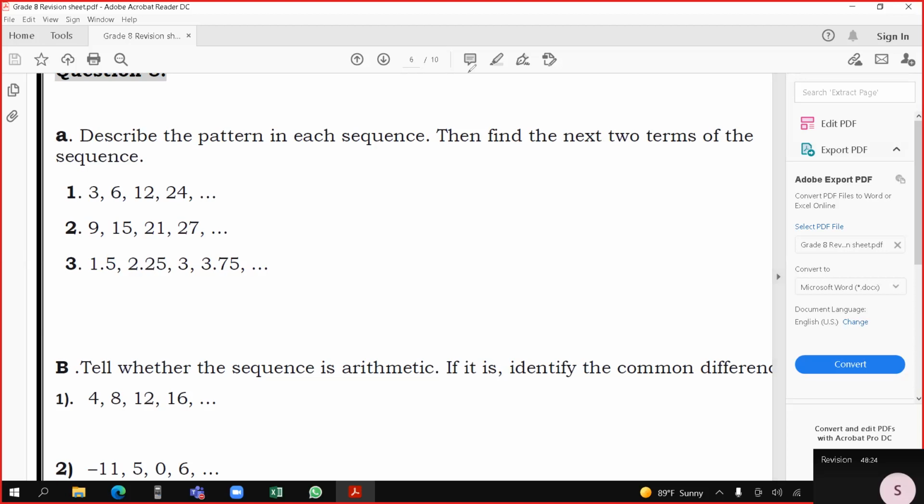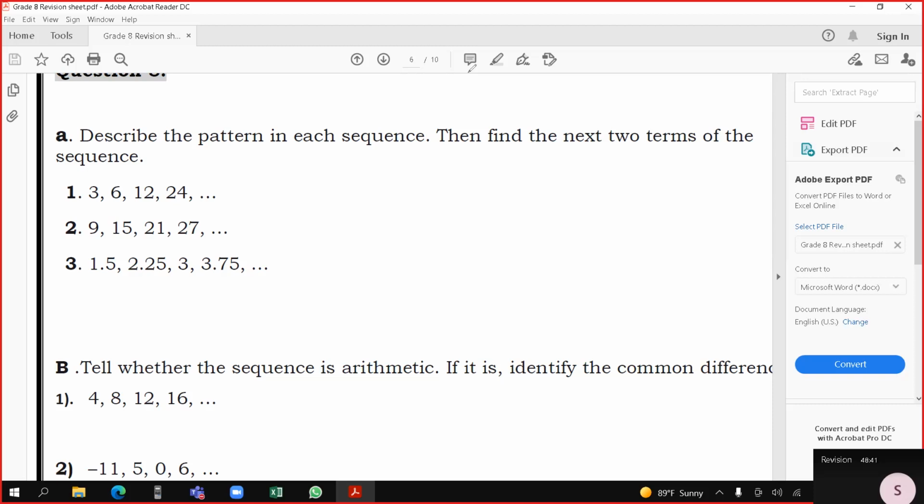Now look at the first one. 3, then 6, then 12, then 24. Here, did I add 3 or multiply?